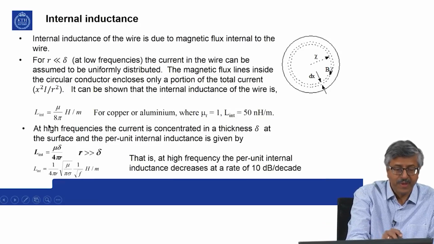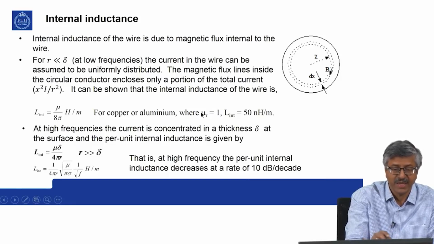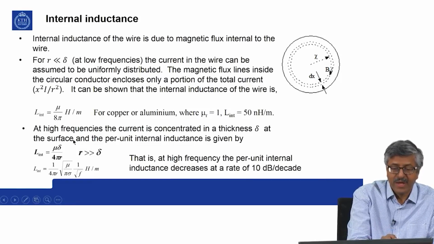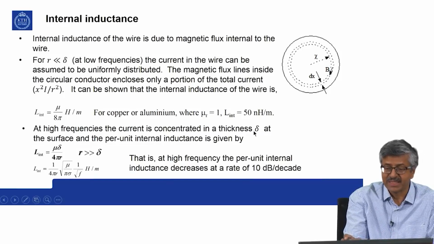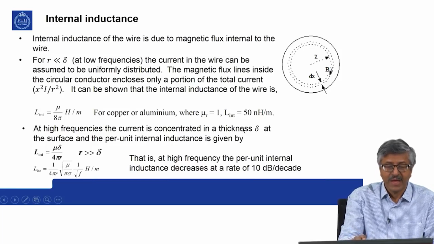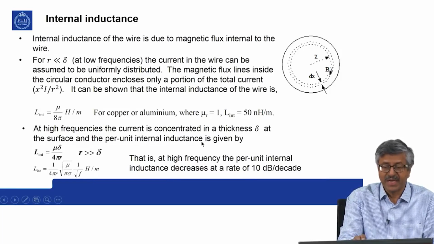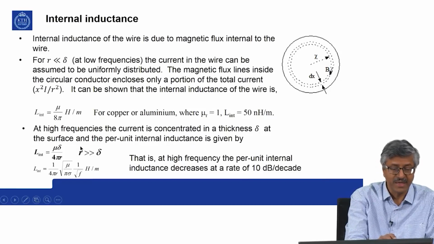Now, this we have seen. We get mu by 8 pi if you do the integration, and at high frequencies the current is concentrated in a thickness of delta at the surface, and the per unit length inductance is given by L internal equals mu delta by 4 pi r.